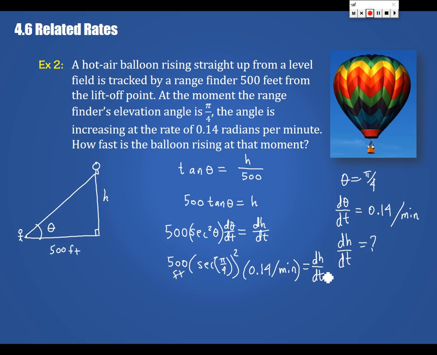So we have 500 times 2, so that's 1,000 feet times 0.14 per minute, radians per minute, but that's unitless. So finally we get for dh dt 140 feet per minute.